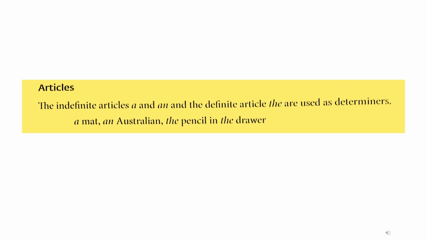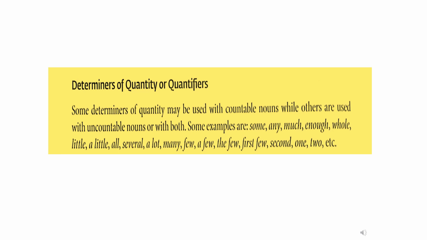Examples: a mat, an Australian, the pencil in the drawer. We know that a and an are used before singular countable nouns and the article the is used to refer to specific things.